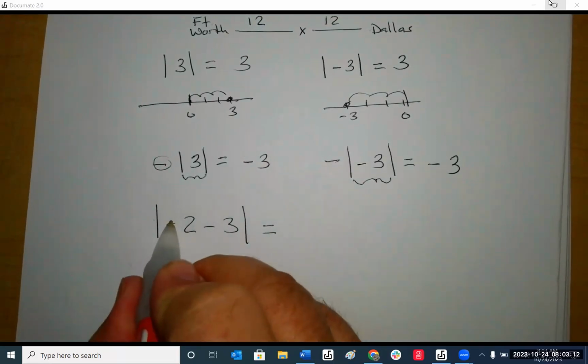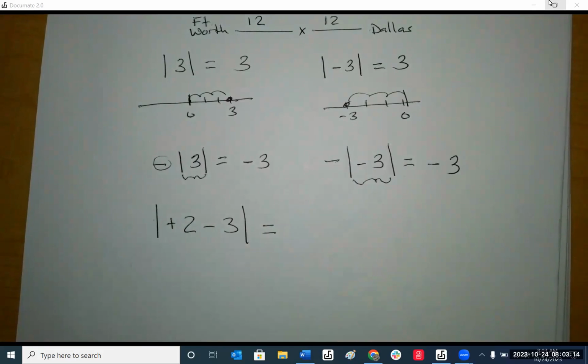But let's make it. What is that going to be? Is it going to be 5 or 1? That sounds like a guess.